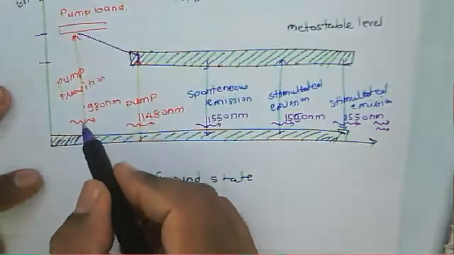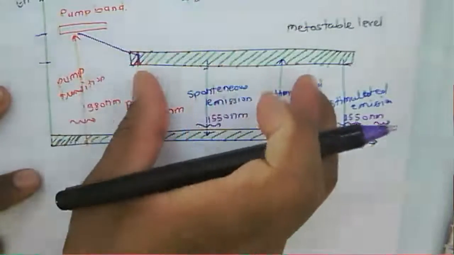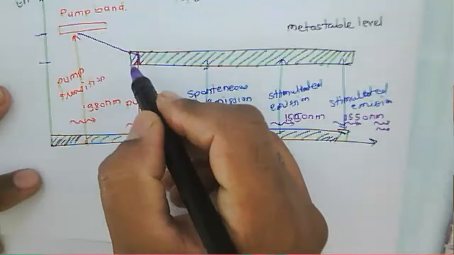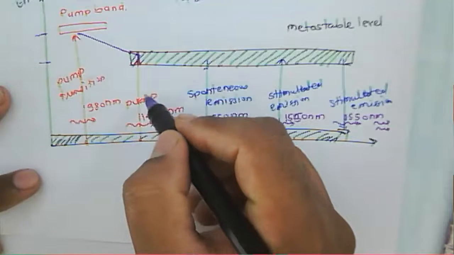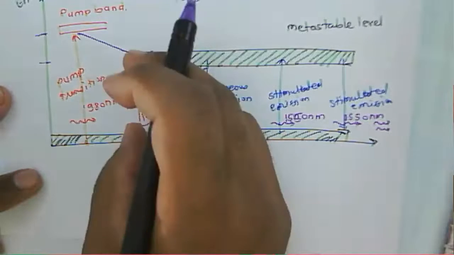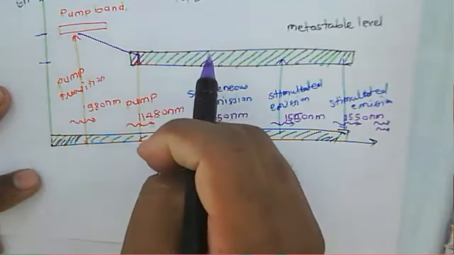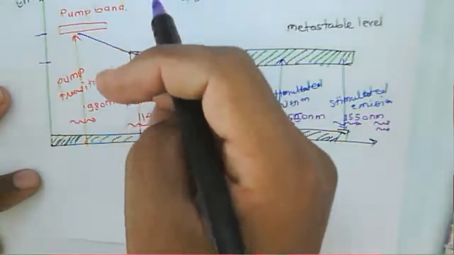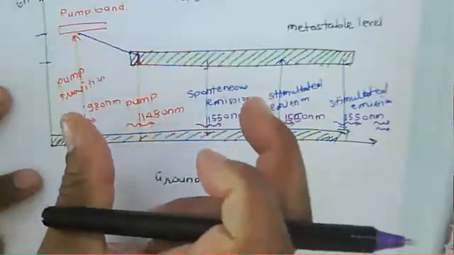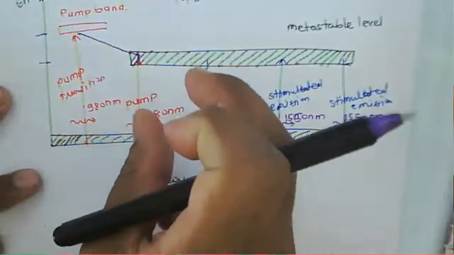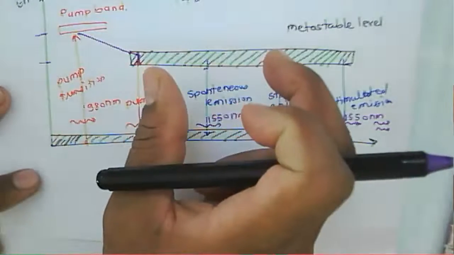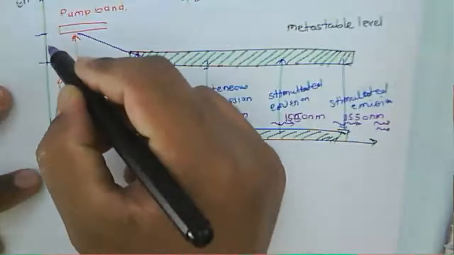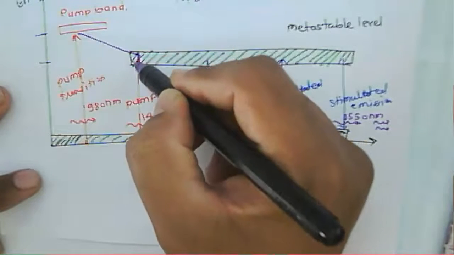and then at this particular metastable band, the electrons of those excited ions will populate this lower end band, and then they will produce photons, because they move to this metastable state.